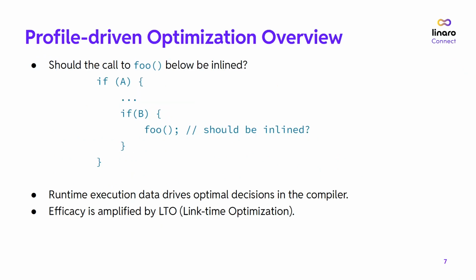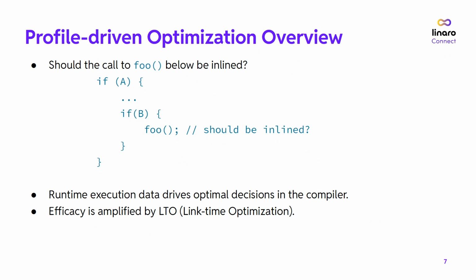So to understand how a compiler can use profiles, consider the code snippet on the slide. There are two nested if statements and a call to a function foo that is called when both A and B are true here. And the compiler has to decide whether the call to foo can be inlined. It can use a naive heuristic and assume that each branch is true with a probability of 0.5. So anytime we evaluate A, there is a 25% chance that foo gets called.